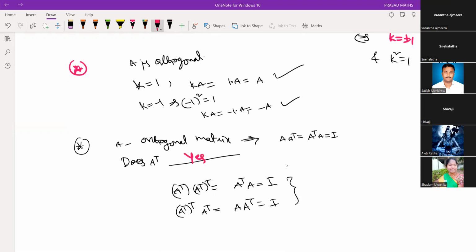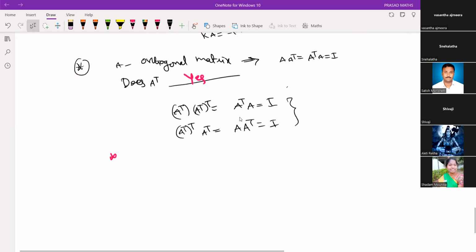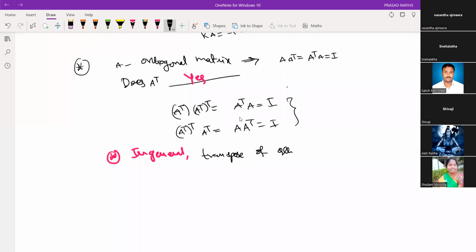That means, in general, the transpose of an orthogonal matrix is always an orthogonal matrix, right?